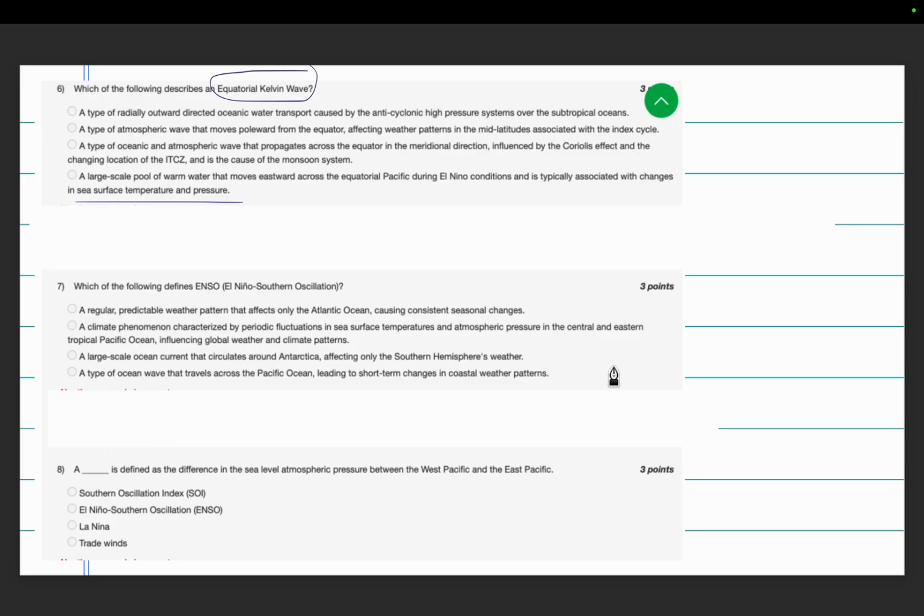And last option, a large scale pool of warm water that moves eastward across the equatorial Pacific during the El Nino condition, and is typically associated with change in sea surface temperature and pressure.